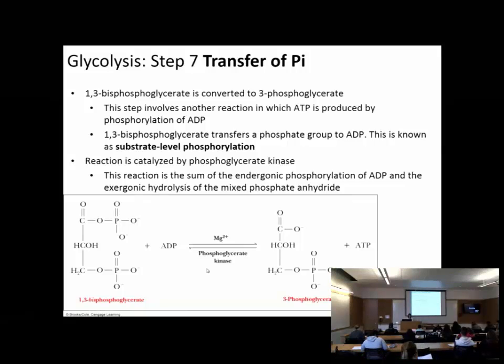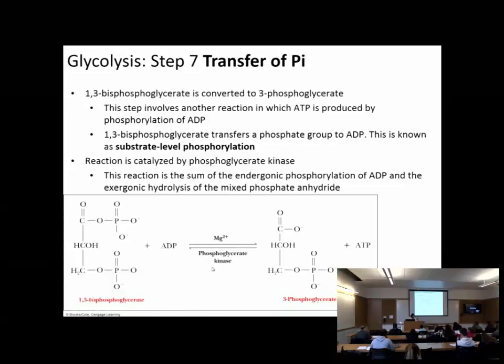Hexokinase was for the first reaction, and it took the phosphate alpha from ATP and put it onto our glucose, carbon number 6. So what do you think a kinase does? Phosphorylation. Yeah, what it does is it transfers a phosphate through ATP.